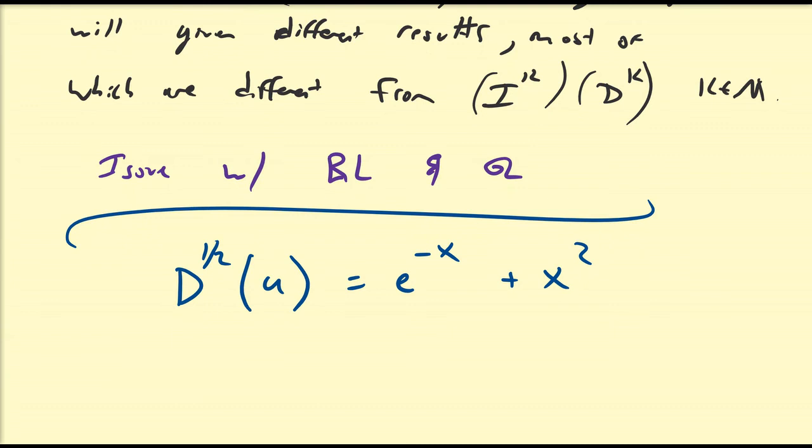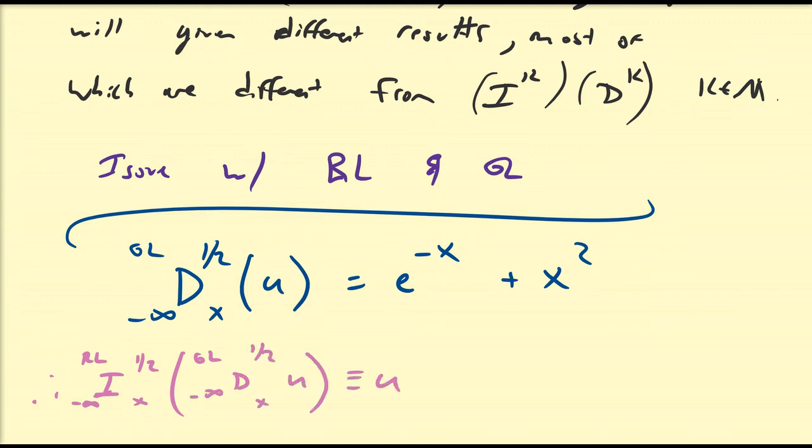So let's assume that this is a base point, say, minus infinity, right? And let's assume that this is the Grunwald-Letnikov derivative of base point minus infinity, right? So we're solving this equation for u. So clearly, what I want to do is apply the inverse of that, right? So I'm going to take the Riemann-Liouville integral of order 1/2 with base point minus infinity of the GLD of order 1/2, base point minus infinity, of u, right? That's just going to give me u.